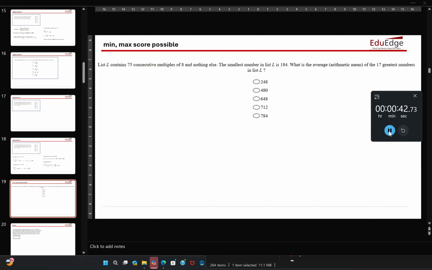What is the average of the 17 greatest numbers? So is 17 the greatest numbers? Oh my God.